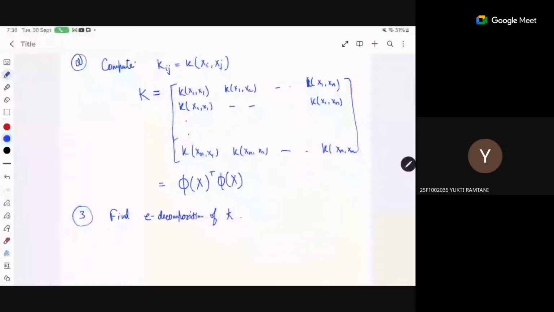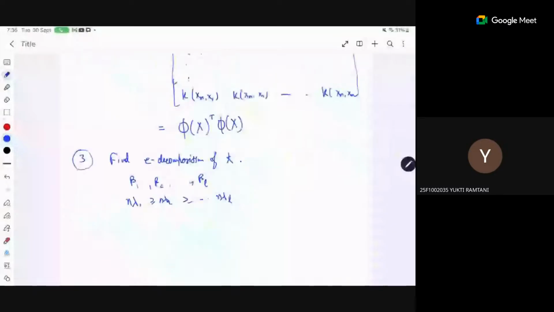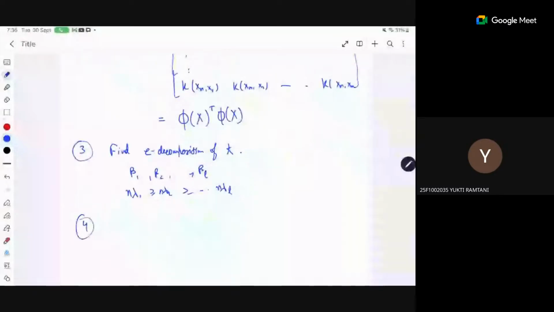So we'll have the eigenvalues and eigenvectors of K. Let's say the eigenvectors are beta 1, beta 2, so on to beta L, and the eigenvalues are n lambda 1, n lambda 2, and so on. Then we take alpha k to be beta k by square root of n lambda k.